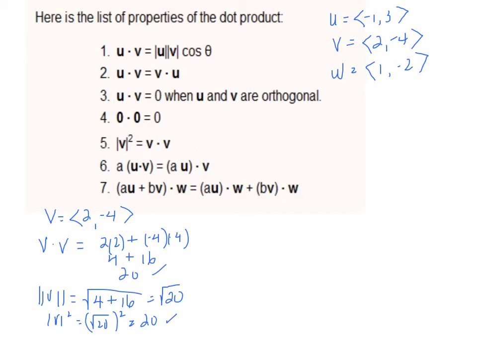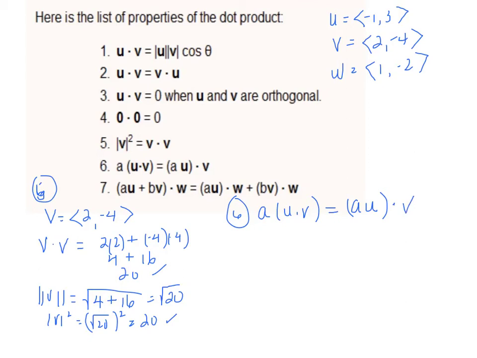And so that's showing number 5. Okay, number 6 says that a scalar, a, times the dot product is the same thing as taking a times u first and then dot v.